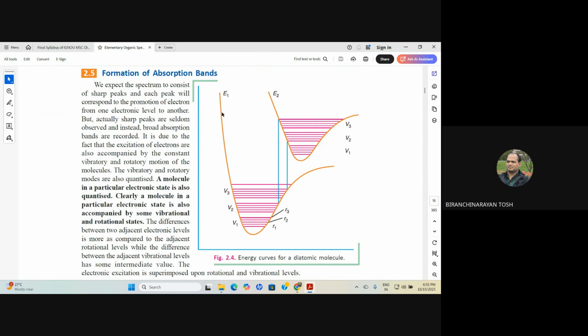Second, the electron will vibrate in the same energy level, that means its energy will change from v1 to v2 or v1 to v3. That is another possibility. Third, it will rotate in the same vibrational level, that means its rotational energy will change from R1 to R2 or R2 to R3 or R1 to R3. So three possibilities.